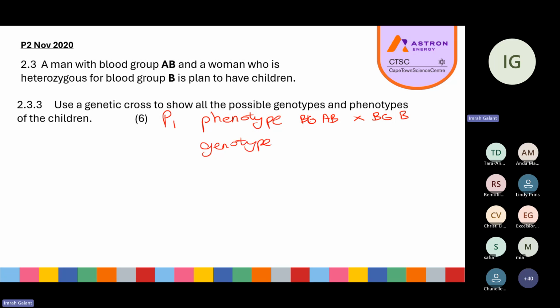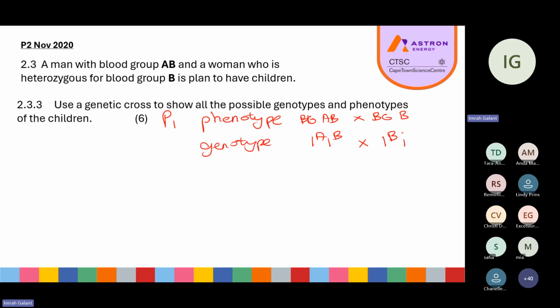We know the genotype for the man can only be one genotype, that over there. And the genotype for the woman, because she's heterozygous for blood group B, is allele B with the recessive allele O.